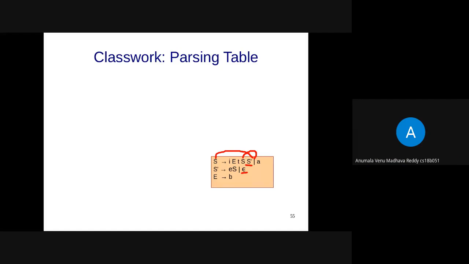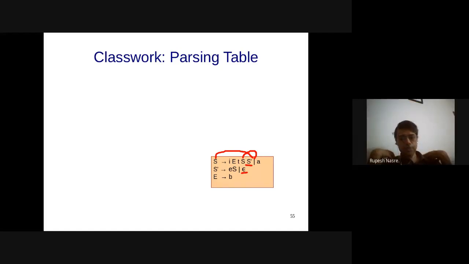So think about it in this manner: can you derive a string from this grammar such that S prime can be followed by a small e? That should be the question that we should ask. If the answer is no, then only dollar should be in the follow set of S prime. If the answer is yes, that small e can appear after S prime in any of these derivations, then small e should be added to the follow set of S prime.